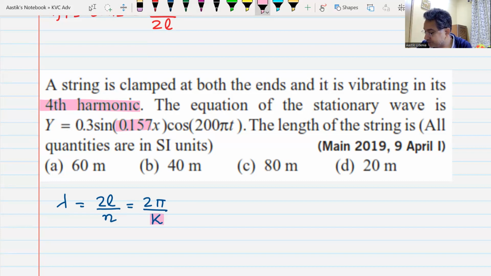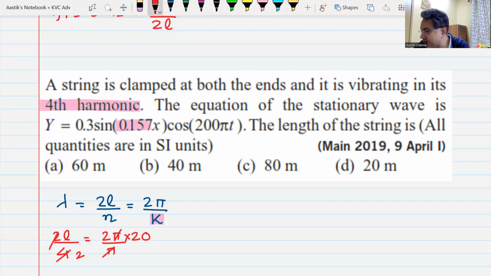So 2L by n, with n as 4, is equal to 2 pi divided by pi by 20. And you get your L as 80 meters.